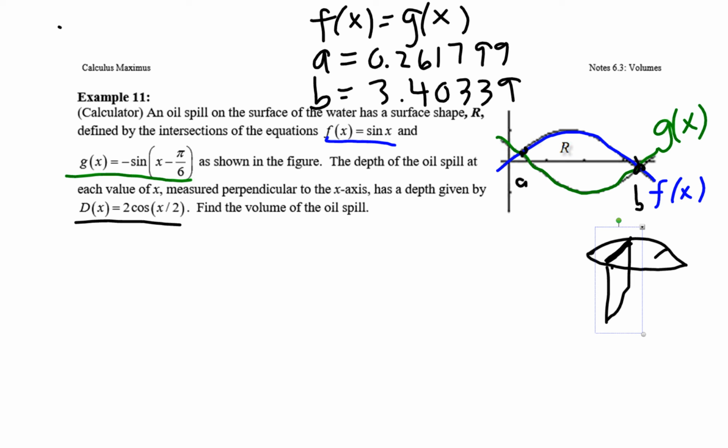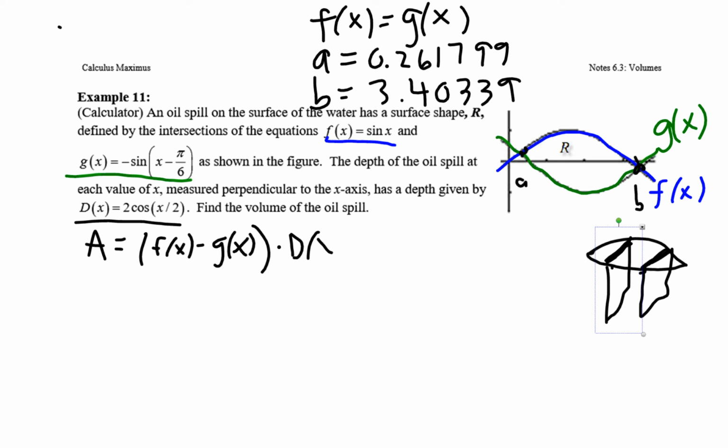All right, so we're doing top minus bottom, that f of x minus g of x, times whatever this is, the depth. So the area is given by our slice f of x minus g of x times the depth.